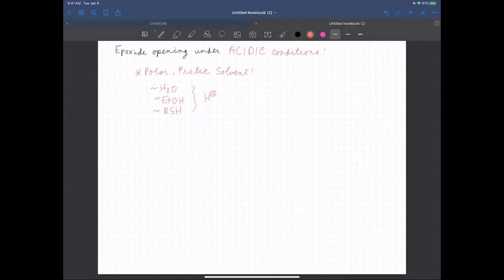So you have to be careful. If you see, for example, EtSH, you're adding the thiol, ethyl thiol. Please take note. These are signs that tell you the epoxide is going to open under acidic conditions. And when we talk about acidic conditions, the mechanism is going to be a little bit different.